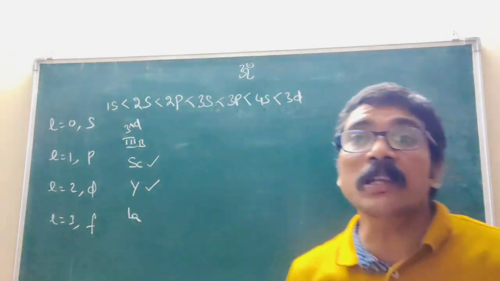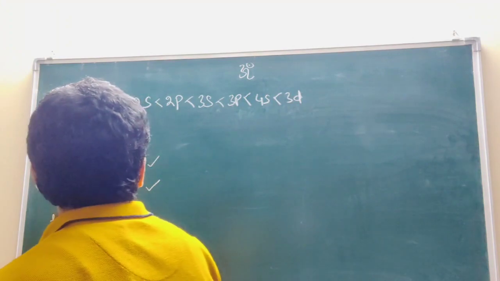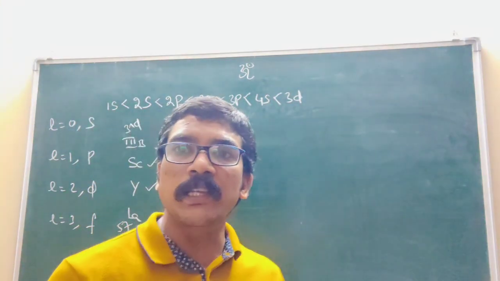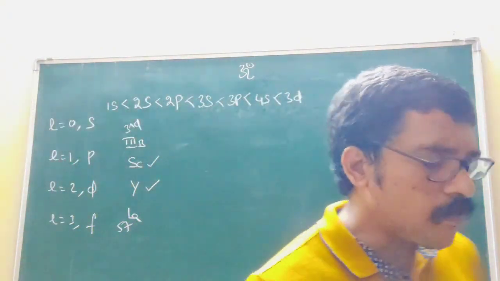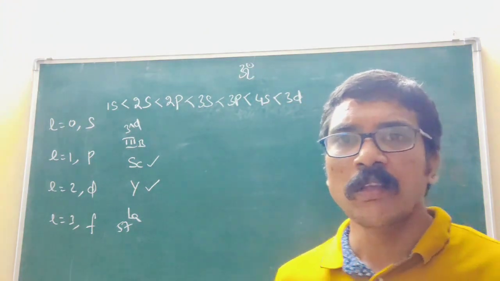What is the atomic number of lanthanum? Lanthanum's atomic number is 57. I think all of you know the lanthanides.